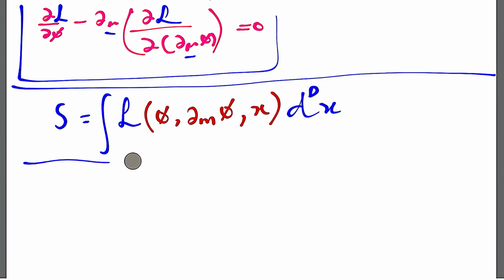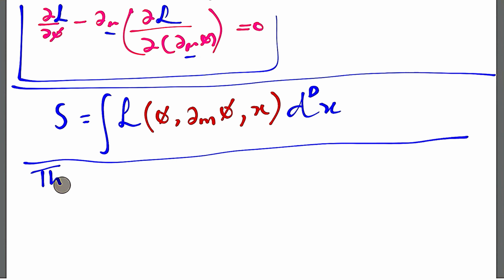Now what we want to do is use the variational principle, the principle of stationary action, and I'm writing it here so that you know what we are doing and why we are doing it.